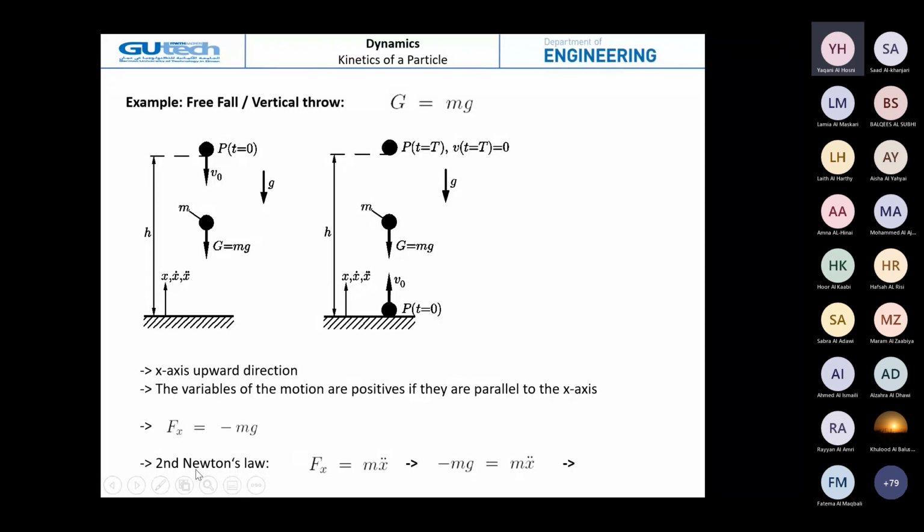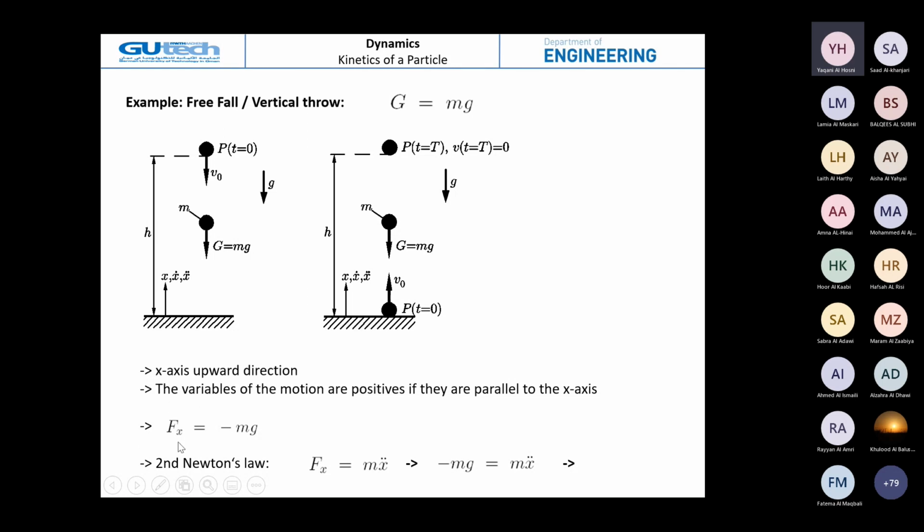The second law is what we have here, as the x position is changing with time. Then we have Fx is only m x double dot. This is the acceleration. Here we have the gravitational acceleration, and here the acceleration at each position or at any time.